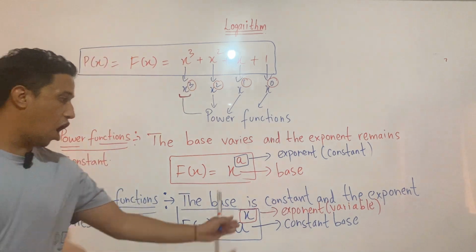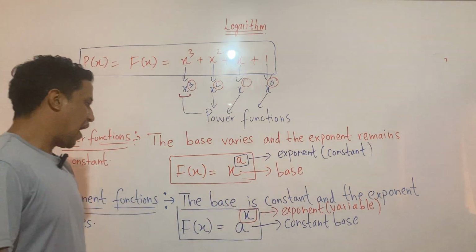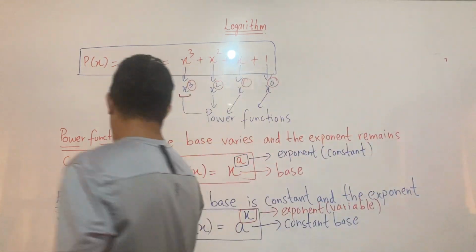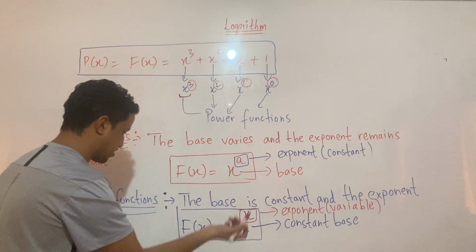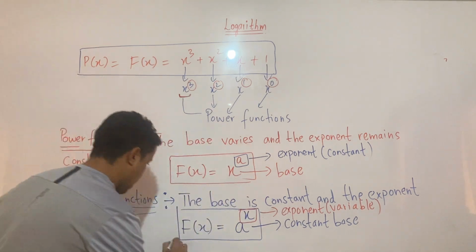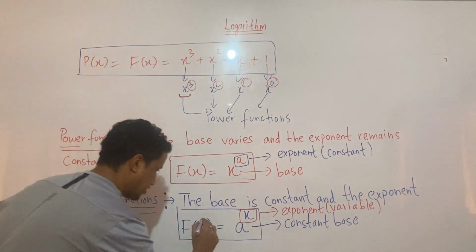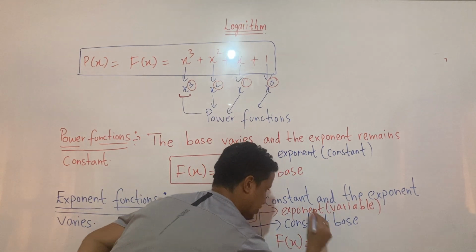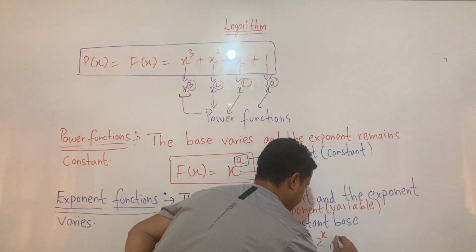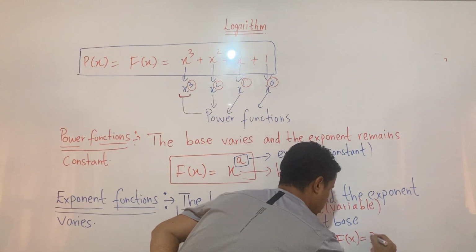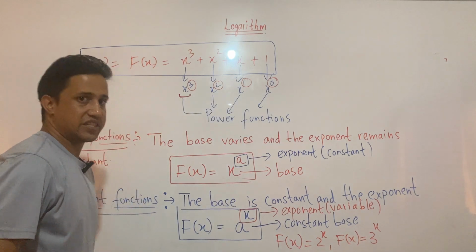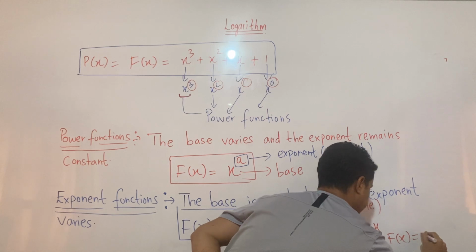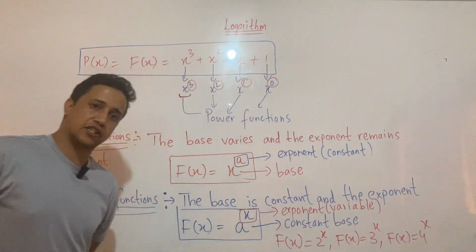Any example of an exponent function? See here, any example. For example, can I write f(x) equals 2 raised to the exponent x, or f(x) equals 3 raised to the exponent x, or f(x) equals 4 raised to the exponent x, okay?